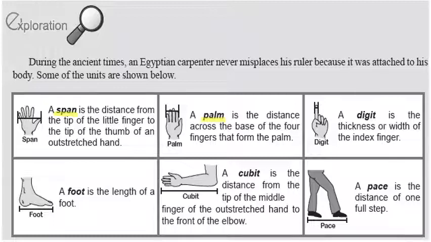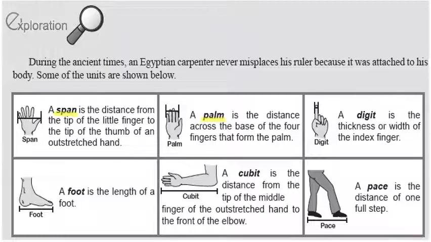Next is the cubit. A cubit is the distance from the tip of the middle finger of the outstretched hand to the front of the elbow. So, from the tip of your middle finger to the elbow is called 1 cubit. Next is the pace.